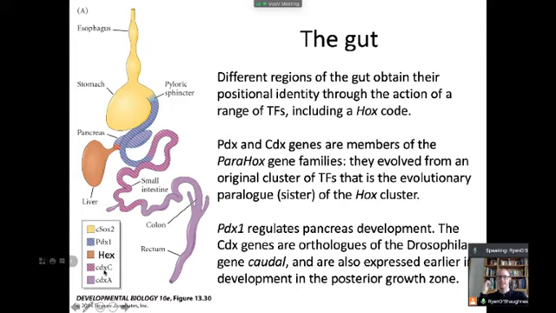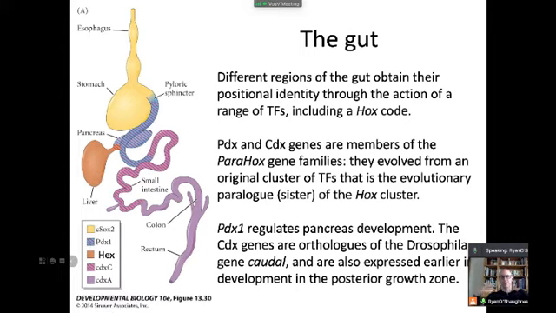So we see CDXC and CDXA expressed in the posterior parts of the intestine and the digestive tract, and then we see anterior SOX2 expressed in the stomach and esophagus, and finally we get genes like HEX that are expressed in the liver.